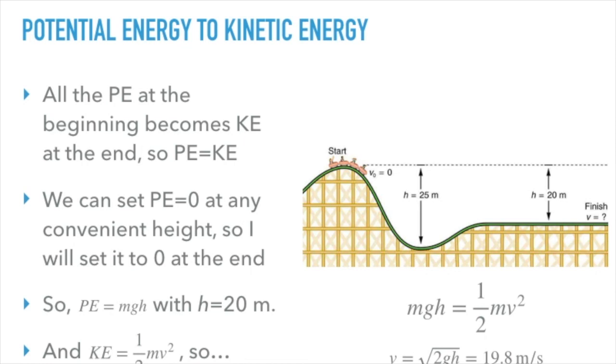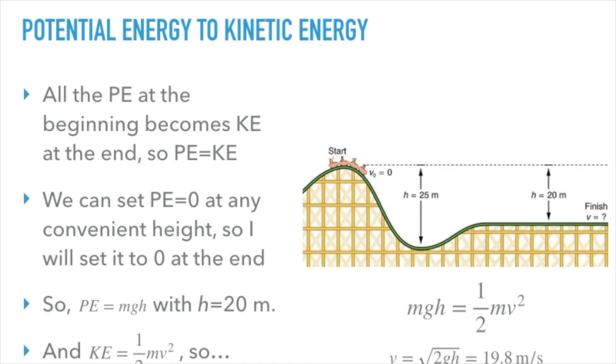So that equation becomes E2 equals E1. E1 was just mgh, where h is 20 meters. It's just potential energy. And E2 is just kinetic energy, 1/2 mv squared.